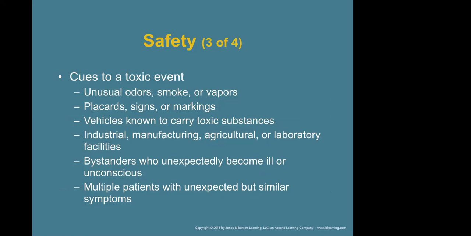Use your cue cards to know what toxic substances are carried where, and be familiar with your local industries, the manufacturing, the agricultural, and any lab facilities you have. You need to know exactly what is in your district, what's in your response area, and what you can be facing.